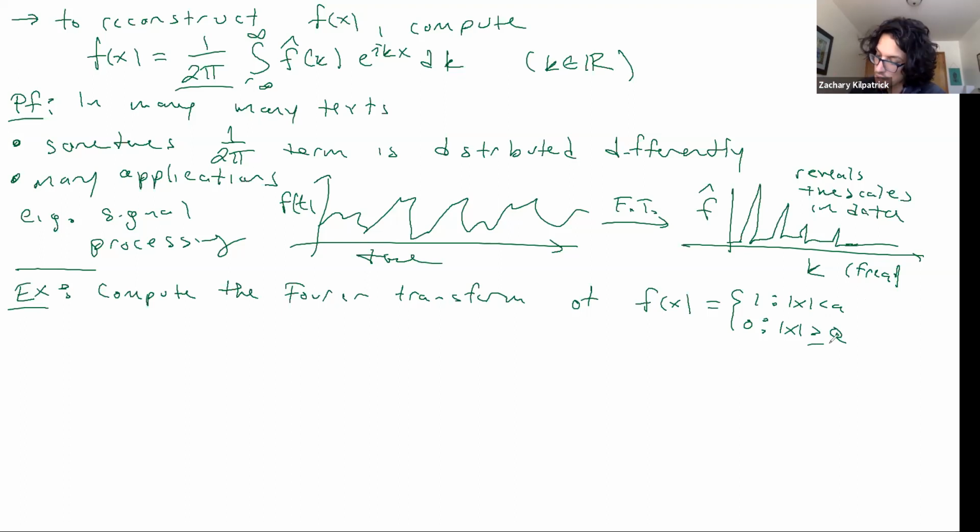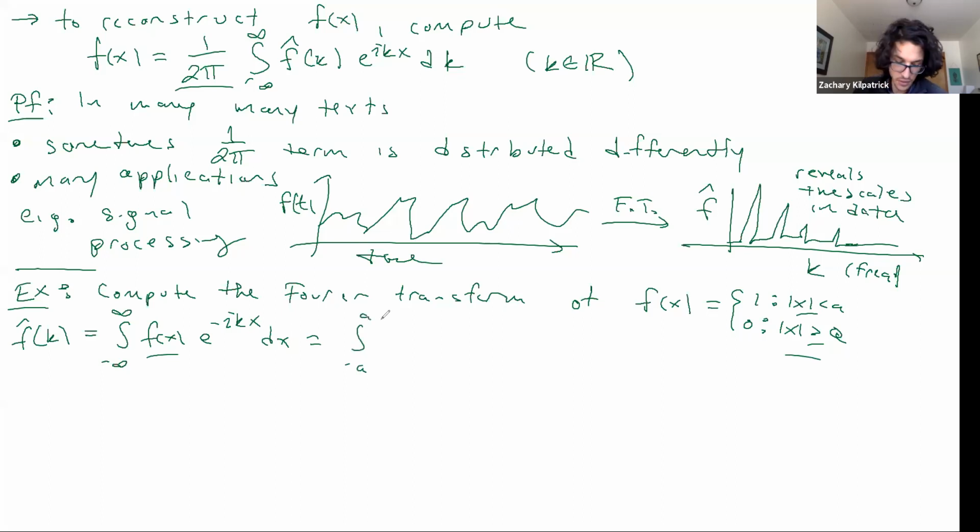So the Fourier transform is just going to be f hat of k equal to the integral from minus infinity to infinity of f of x e to the minus i kx dx. But because this function is 1 for x less than a and 0 for x greater than or equal to a, this will just be an integral from minus a to a of e to the minus i kx dx.